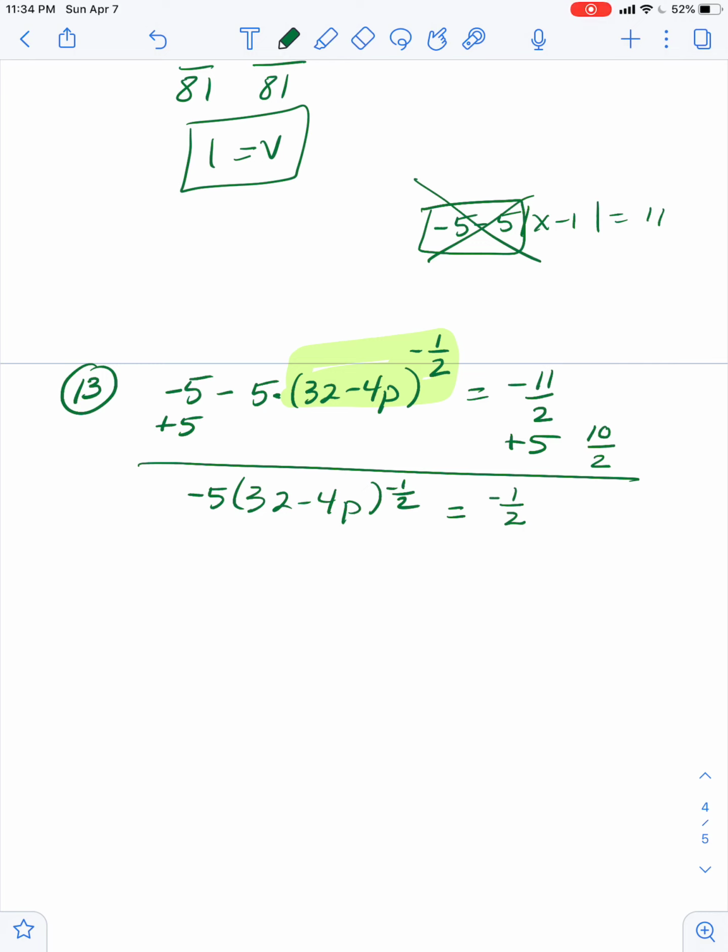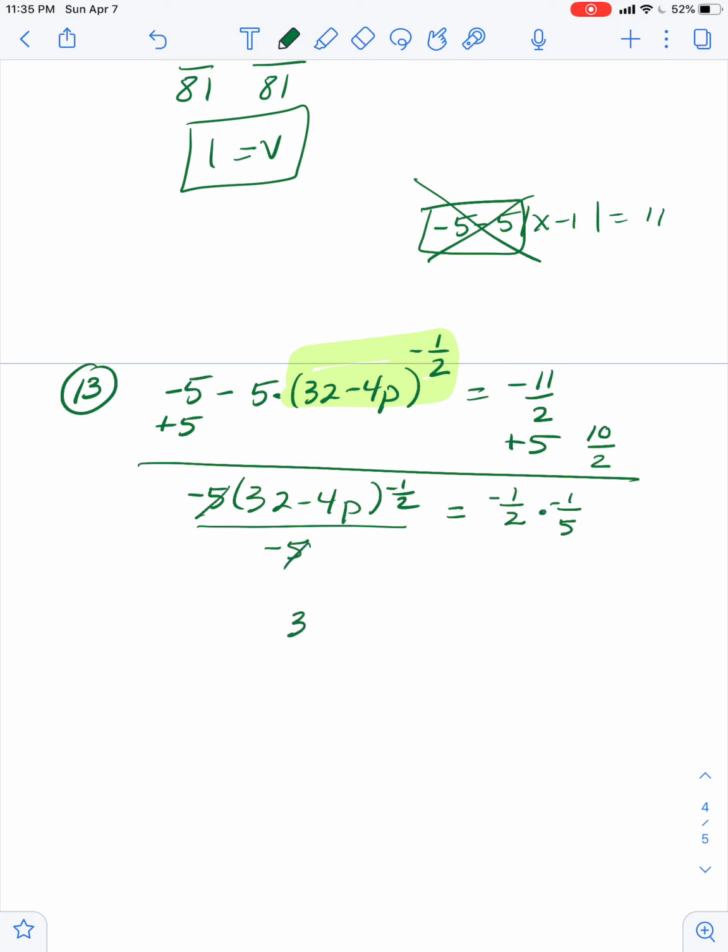Okay, the next would be we're going to divide off our negative 5. Now, guys, one of the things I don't like you to do is this. I know some of you are going to do that. What you really need to do is this is multiplied by a negative 1/5. Okay? So make sure you write it correctly.